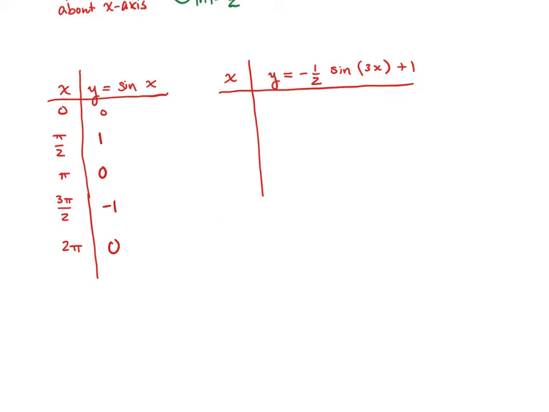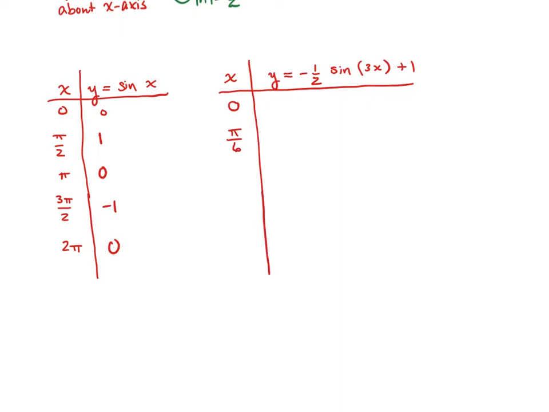So what's occurring with our function? We start off, there is no horizontal translation, so we are starting with x equals 0. Our increment was pi over 6, so I will add pi over 6 to each one of these.